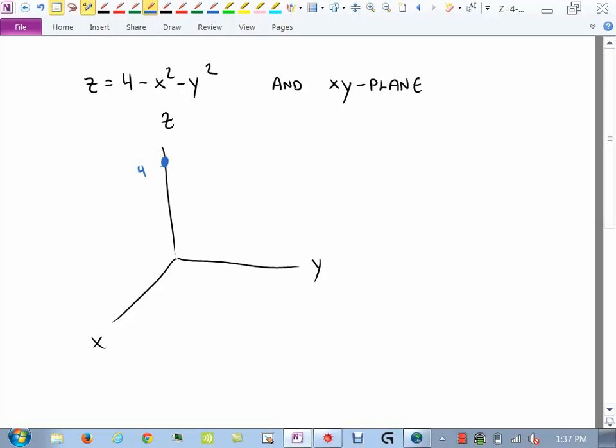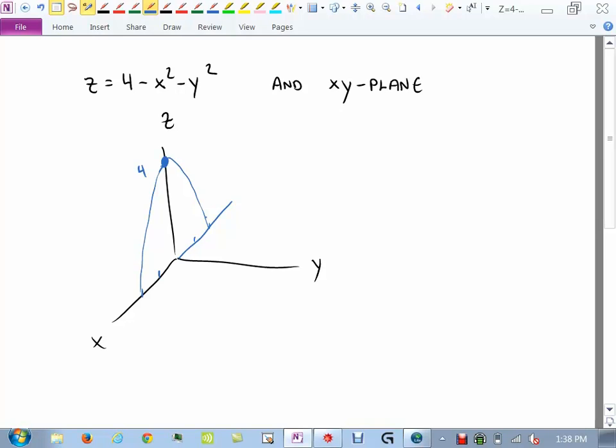So I'm looking at the xz plane only. If y is 0, z equals 4 minus x squared. Isn't 4 minus x squared a parabola that opens down, goes through 4 and then hits the x-axis where? 2. So it looks like this, and then it goes back the other direction too.